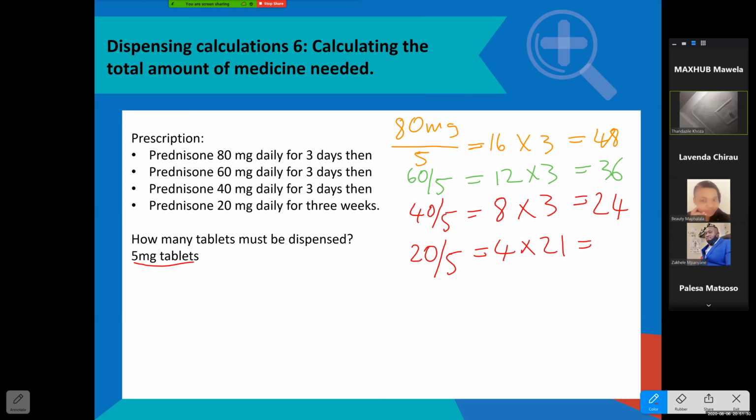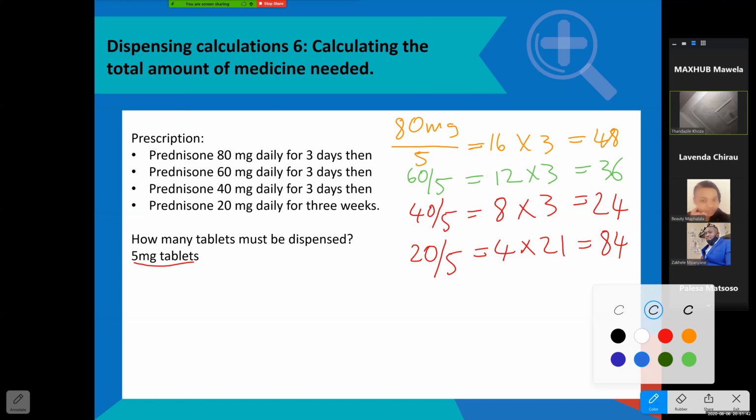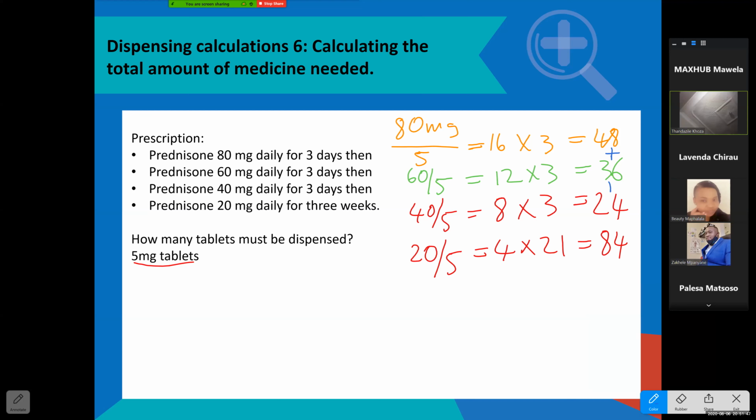What did that give you? 84. Right. So what is 48 plus 36 plus 24 plus 84? 192.